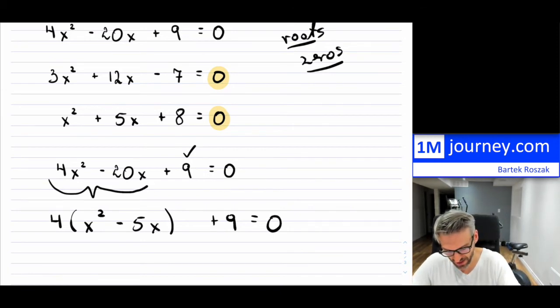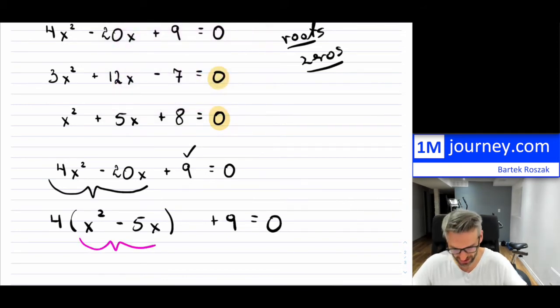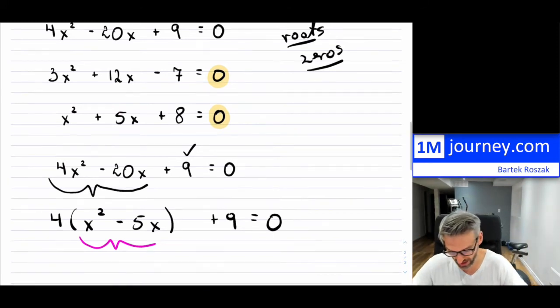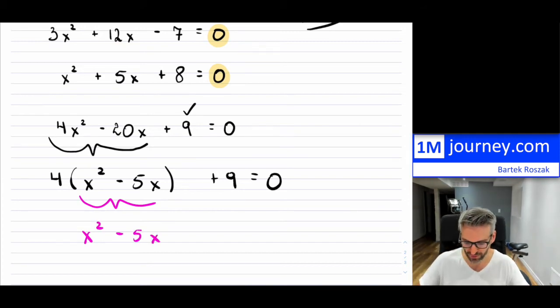Now, the next step is I want to be able to take this inside of the bracket and basically create a perfect square. So creating a perfect square, I'm going to have x squared minus 5x. Now, in order to complete a perfect square, remember, we take the value, so in this case, it's going to be 5. We divide it by 2, and then we square it, right?